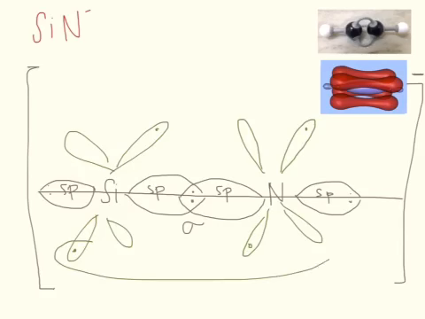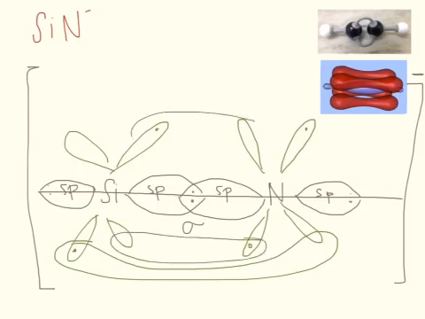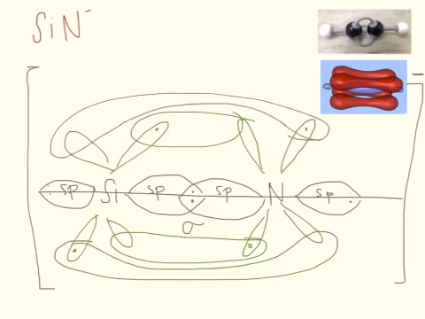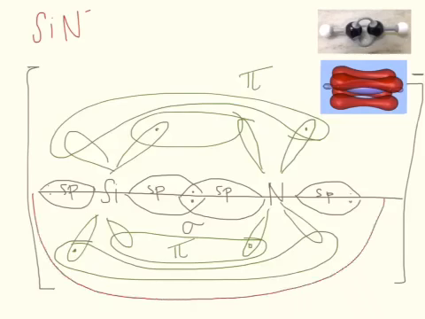The inside ones will bond with the inside ones. These are our pi bonds. And the overall angle of the whole thing is 180 degrees. This is how we get the contour diagram of a SiN⁻ molecule.